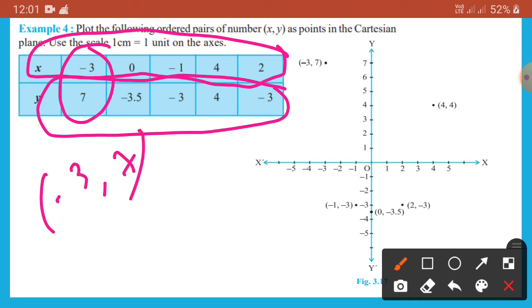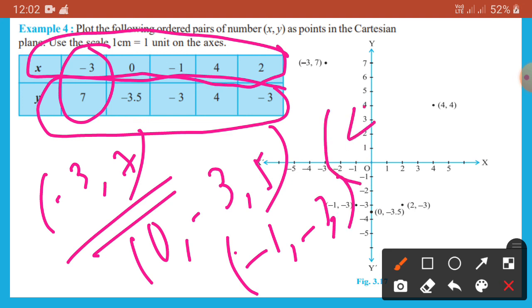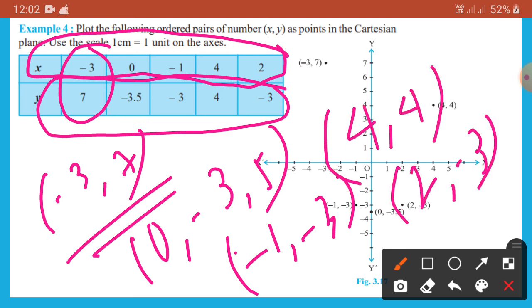So the pairs of numbers given in the table can be represented by the points. The first point will be (-3, 7), then (0, -3.5), then (-1, -3), then (4, 4), and at last it is (2, -3). So all the coordinates are here.